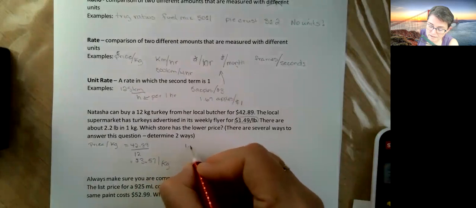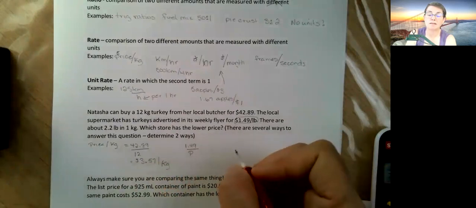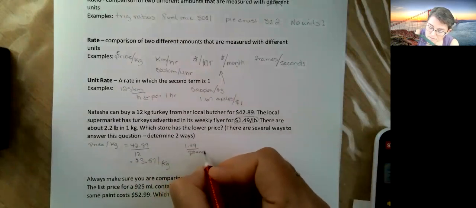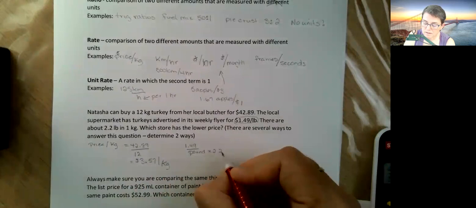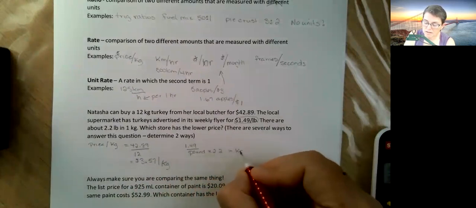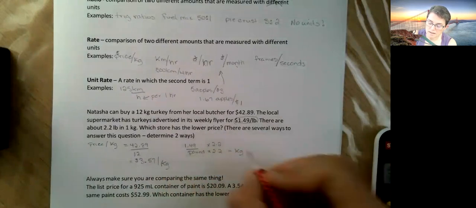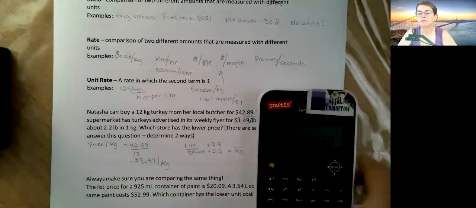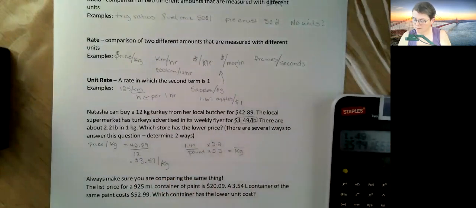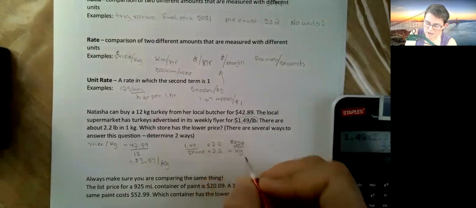So $1.49 per pound. Okay, LB, by the way, that's pound. Well, if we multiply a pound price by 2.2, that's going to give us the price per kilogram. So we multiply 1.49 by 2.2, and that gives us $3.28 per kilogram.